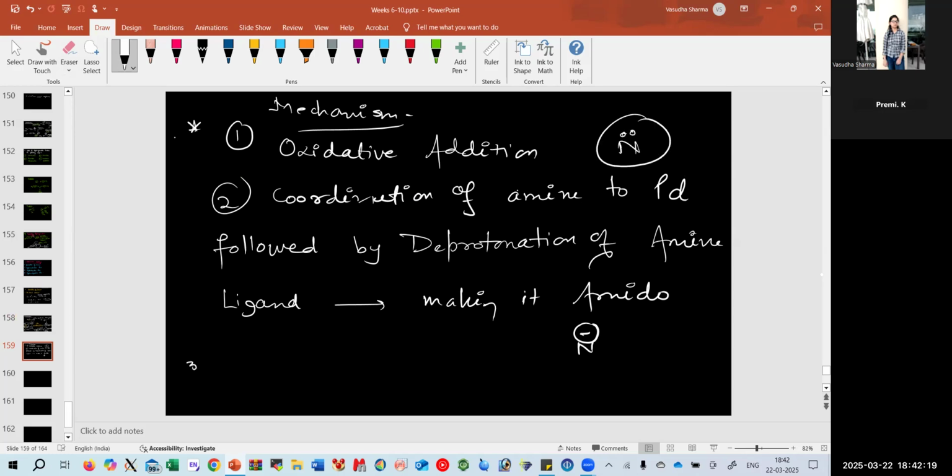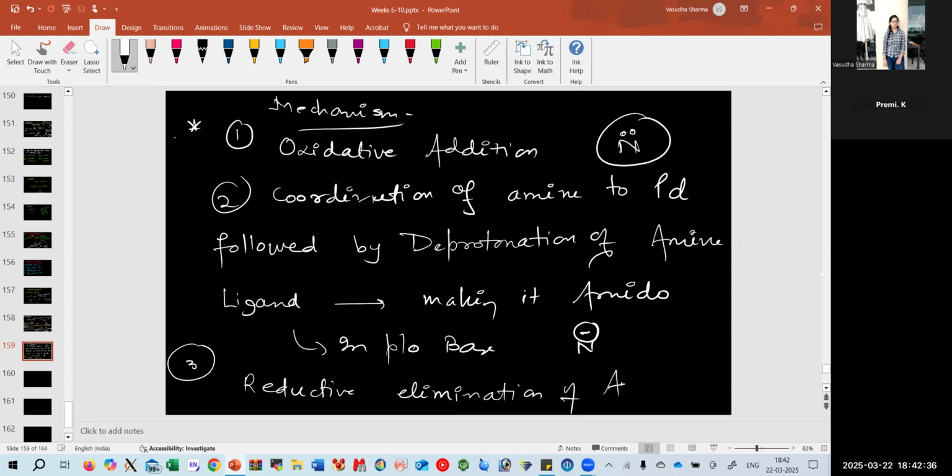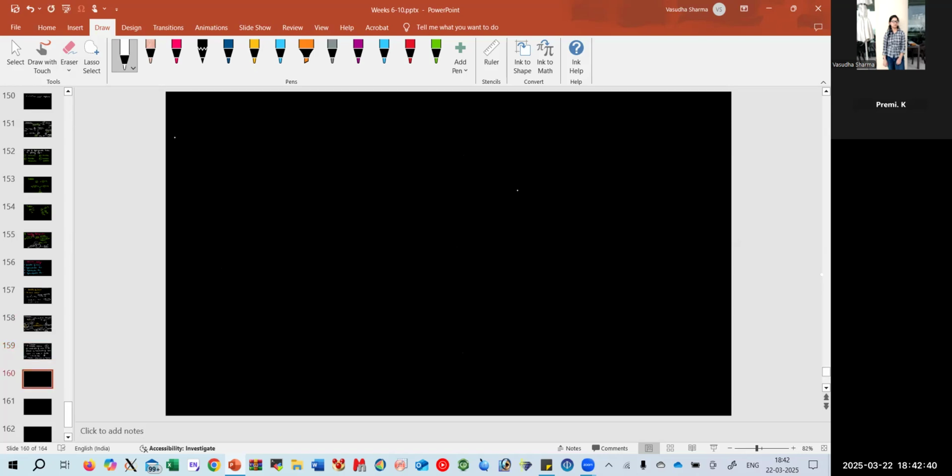When that happens, and this happens in presence of base, that's why we used a base, which is sodium tertiary butoxide, followed by a reductive elimination of arylamine, where we saw Ar and N bond formation.